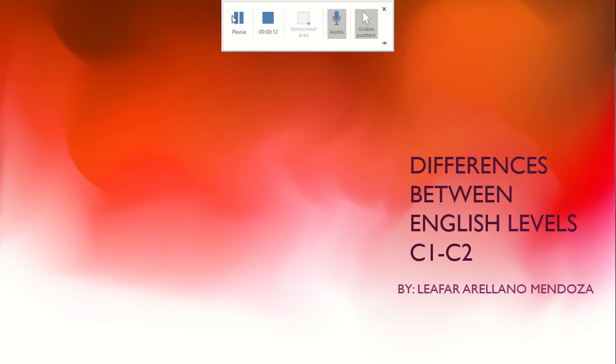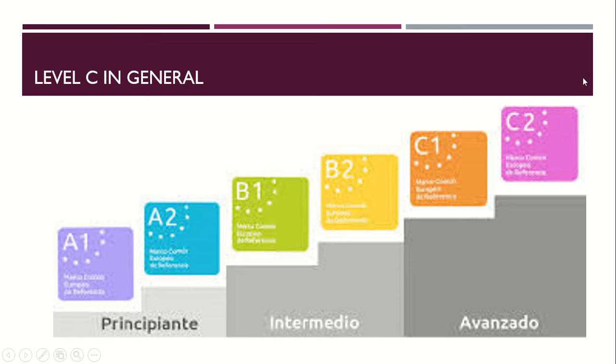English. In fact, they are not so different. They have many similarities. Both of them are advanced levels, as we can see in this graphic. C1 is a little bit lower than C2, but the user of the language that achieves this level can use the language with independence and very good fluency.